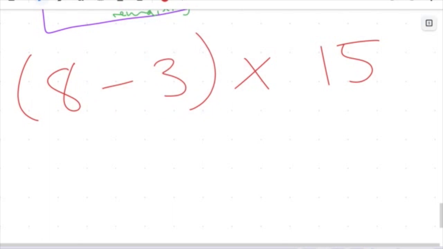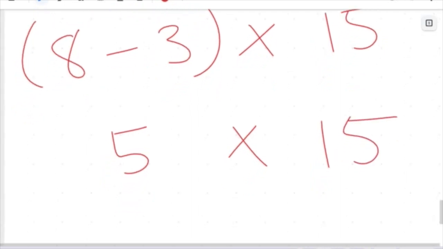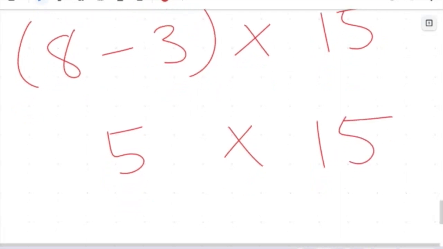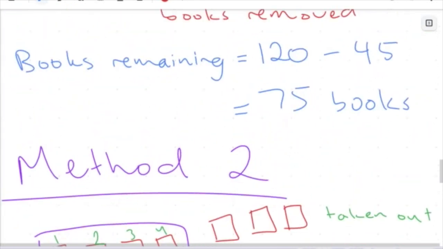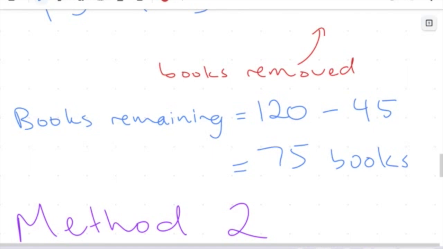So that means I have 8 minus 3, 5 books, and I have 15 groups of those 5 books, one in each box remaining. And if I do that, you can pause this video and have a go at doing this multiplication on your own. I get 75 books as my answer. And that is the exact same thing that we had up here.